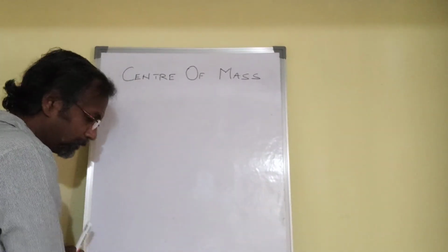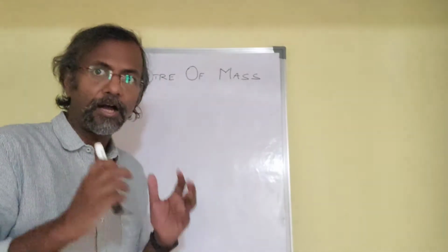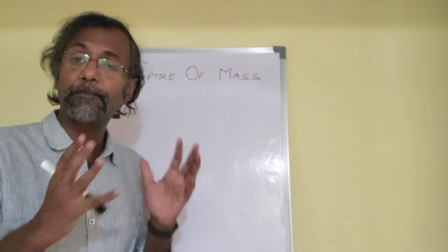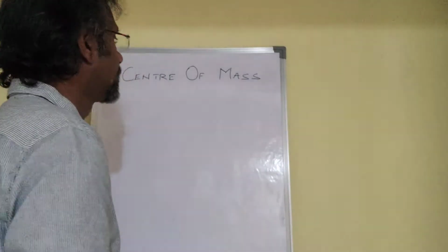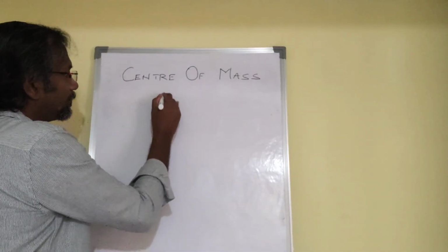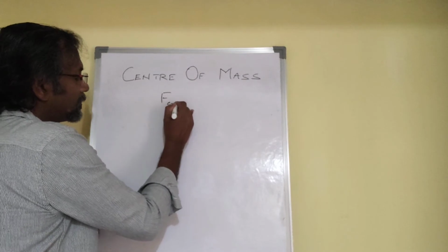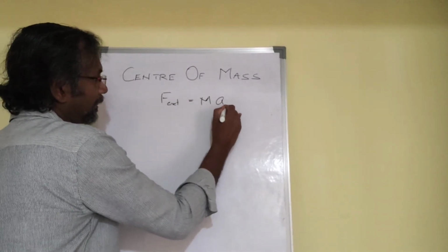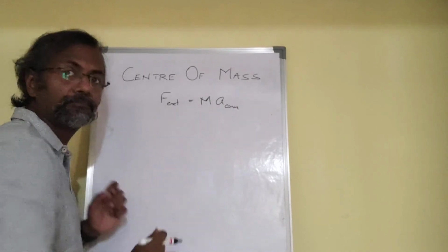Now we come to the important question. How does Newton's second law, F equals ma, apply for a system of particles? The way it applies is F external is equal to M a of the center of mass.